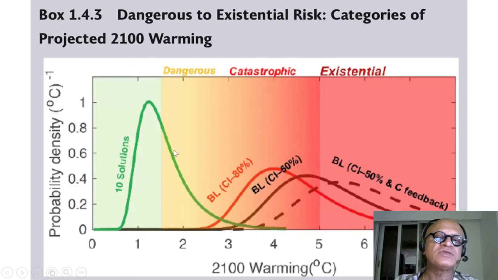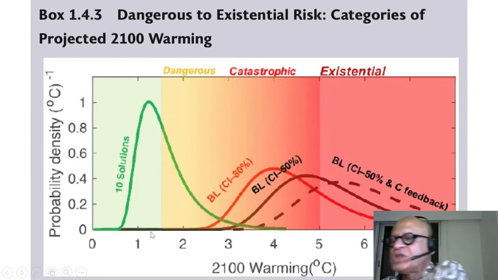The book proposes 10 solutions which will pull us out of this dangerous zone and bring us into this milder warming, as well as a reduced danger of climate change. Okay, so the probabilities are shown here. So you can see that with these 10 solutions, with almost 100% assurance, we can say that we can keep the warming to below about 1.5 degrees.